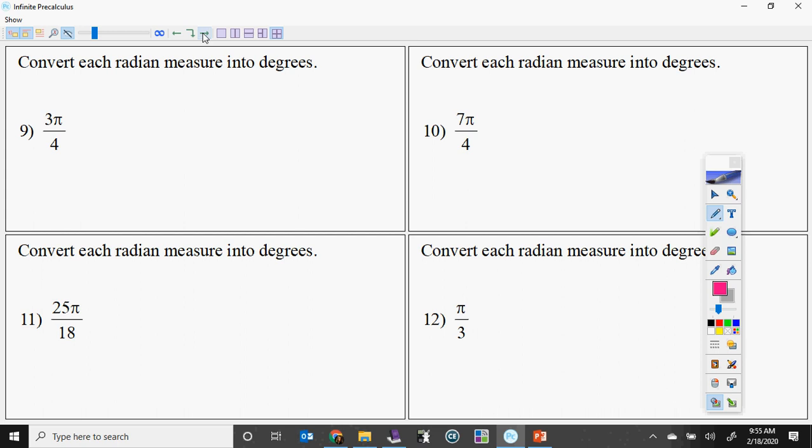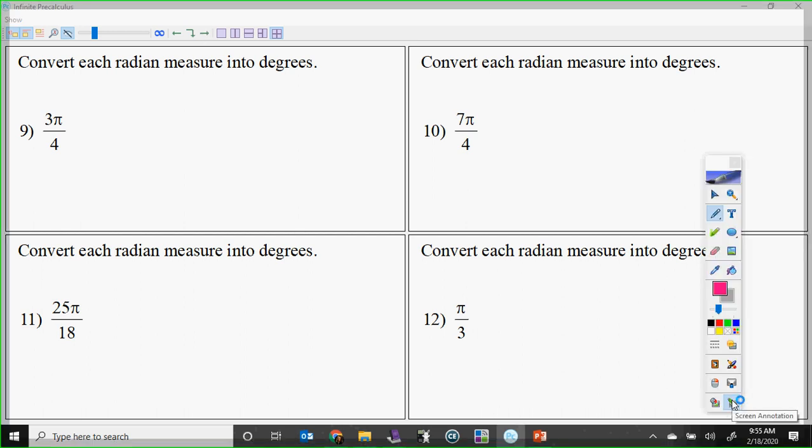Alright, so for number 9, we're trying to go backwards. I have 3 pi over 4, so I'm in radians already. I want to go to degrees. So I'm going to use the same conversion factor, but I'm going to flip it. I'm going to put 180 degrees on top because that's the units I want. I'm going to put 1 pi radians in the bottom because that's what I'm trying to cancel out. Okay?